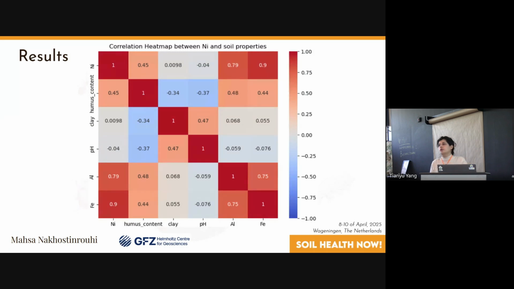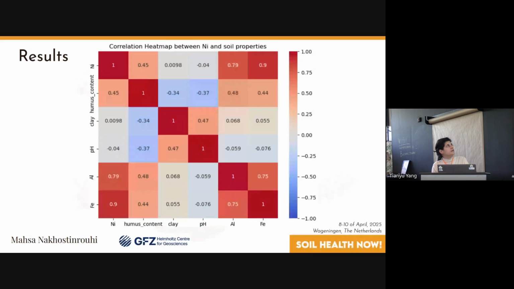In order to know the reason behind the results coming from explainable AI, we calculated the correlations between nickel and some other soil properties which have the direct spectral features like humus, clay, pH, aluminum, and Fe.